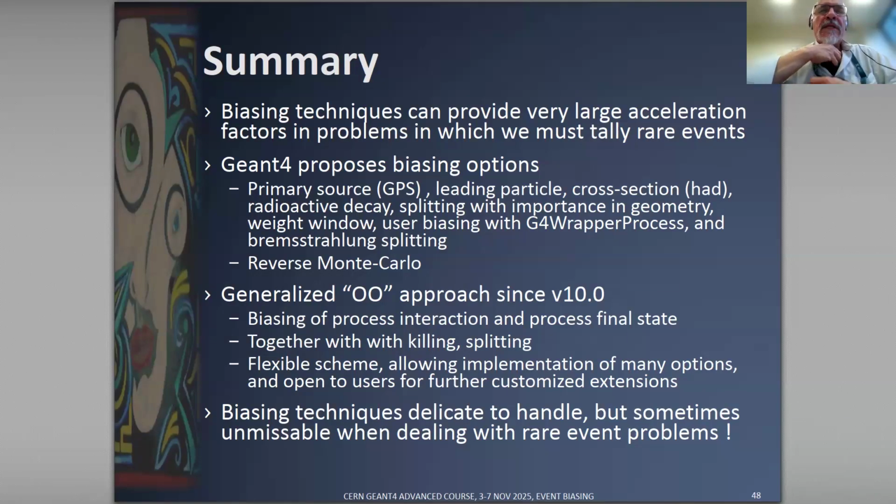These techniques are delicate to handle because of the possible issues with convergence. But in some problems, they are simply unmissable, because you have no way other than using biasing, since an analog simulation would take forever. Thank you.